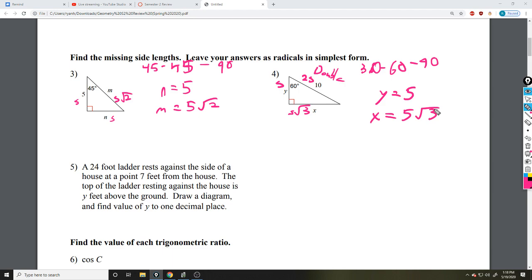All right, I said you'd feel deprived of your geometry experience if you didn't get a ladder leaning against a wall. And so, one more time for good measure. A 24-foot ladder rests against the side of a house. Here, let's draw a little house.